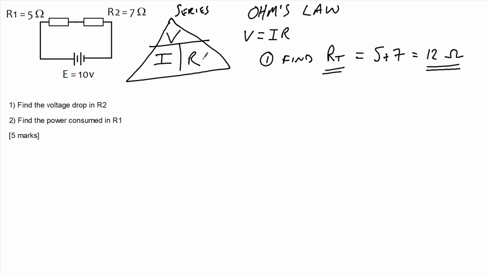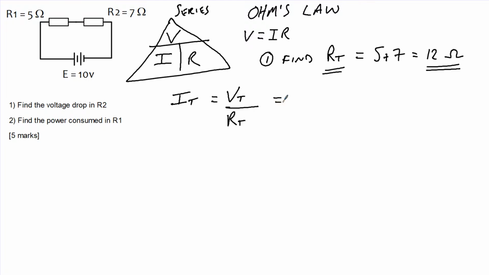So now we know the total resistance and we know the voltage, we can find the total current. So the total current, I'll call it IT for I total or current total, is equal to the total voltage, which is 10 volts, divided by the total resistance.